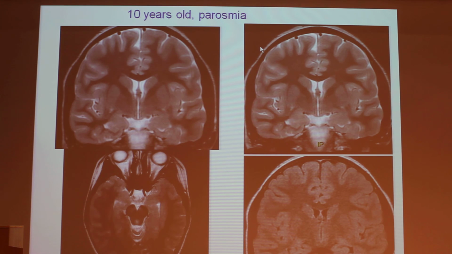10 years old, a girl who has a parosmia. What do you see? We are going to see the temporal lobe, and you have to count the 5 branches, as I said. What do you see? Left, right? Left. You have to count 1, 2, 3, 4, and 5. And here you count 1, 2, 3, and a blurring.